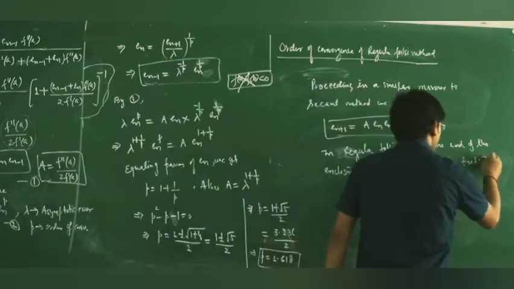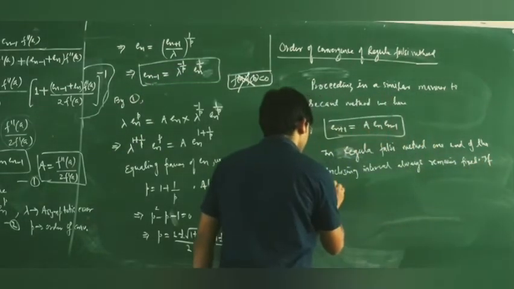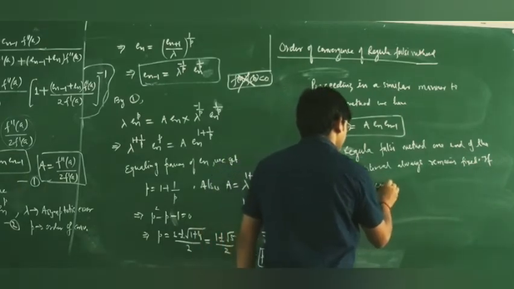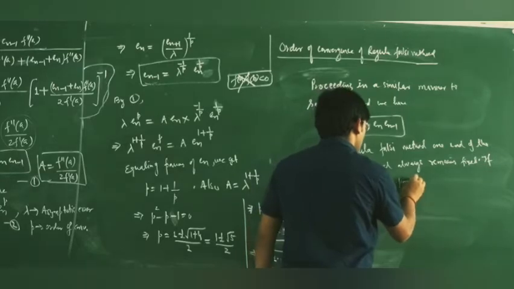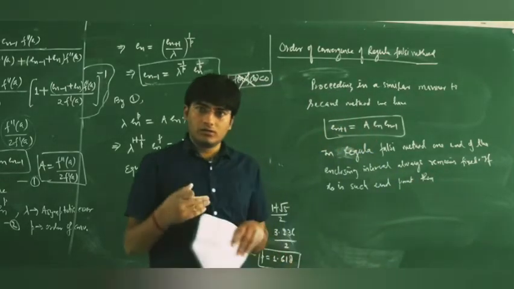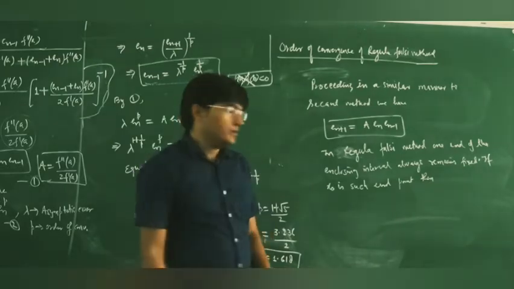If x naught is such an endpoint, then in this regular Falsi method our curve will be replaced by a chord.